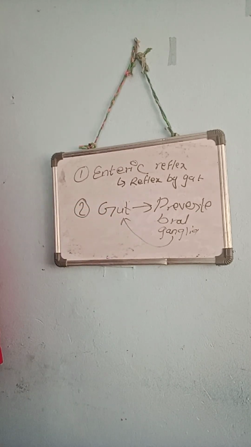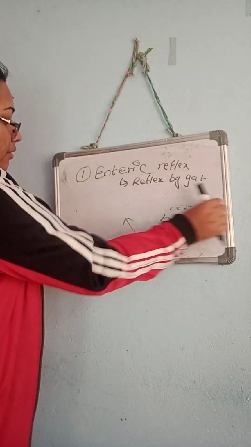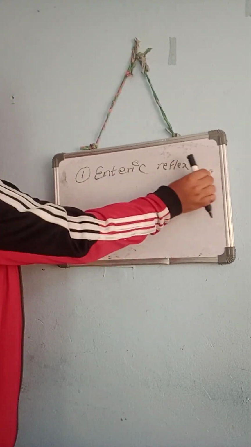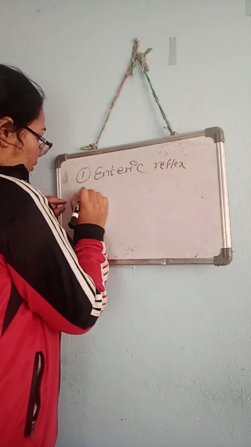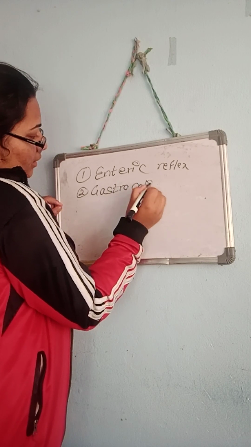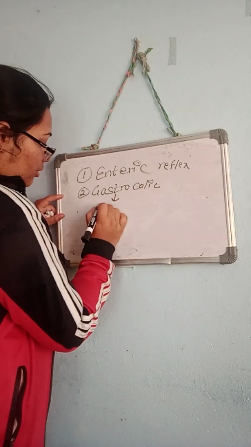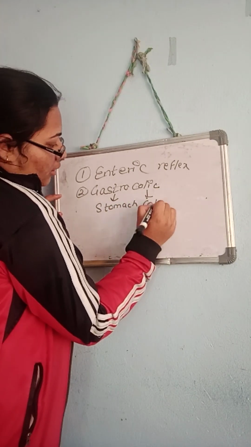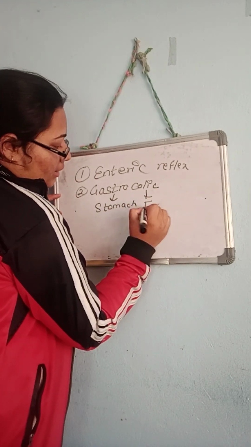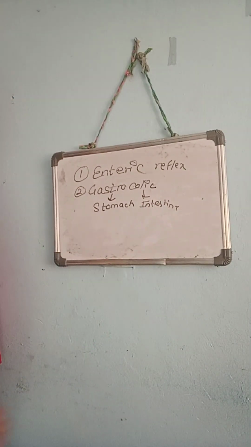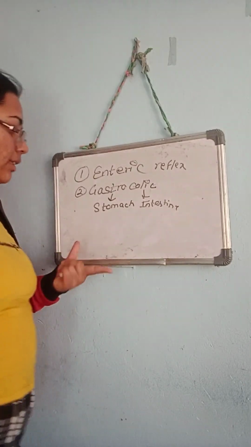So what are the examples? The examples are the gastrocolic reflex, where gastro refers to stomach and colon refers to the intestine, so simply stomach and intestine.